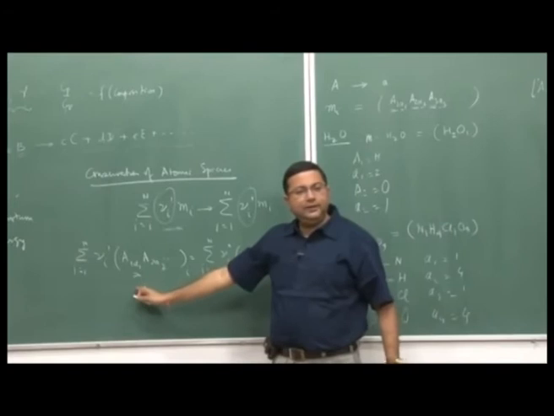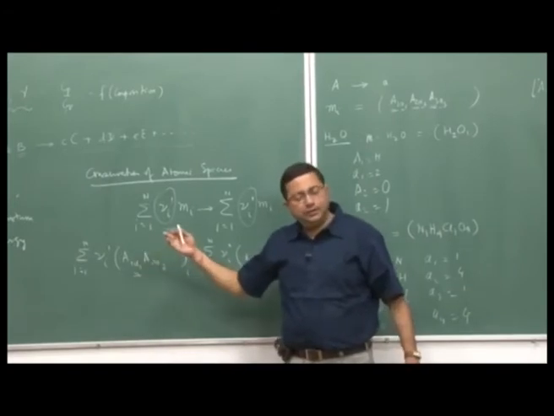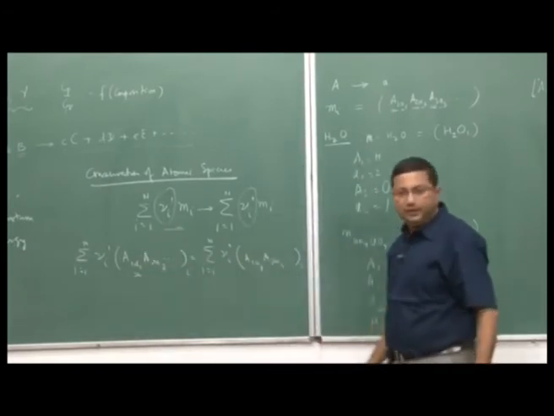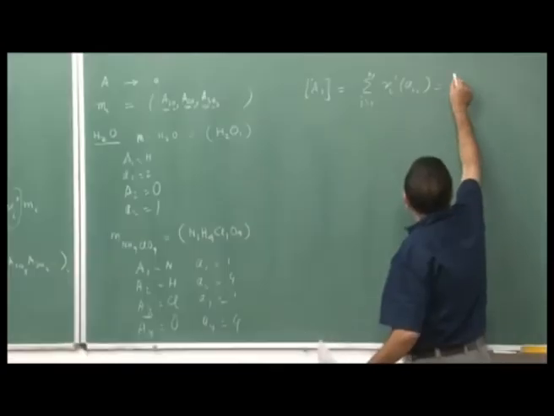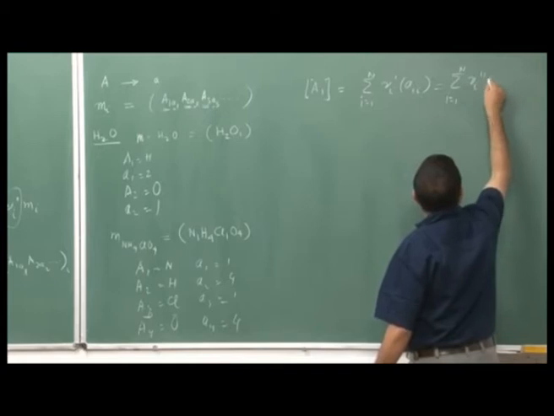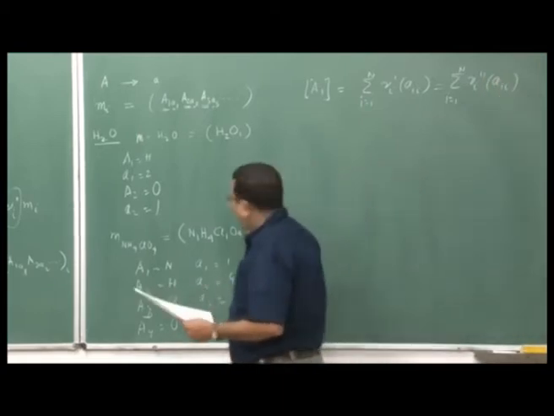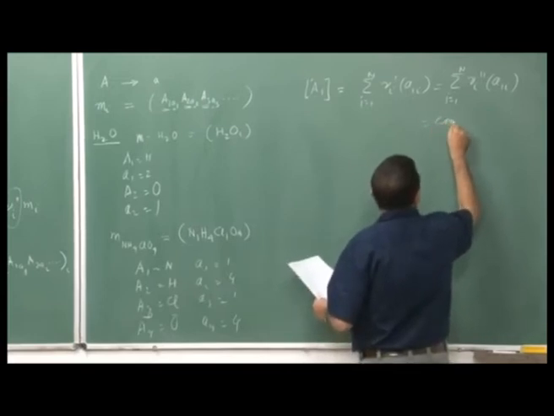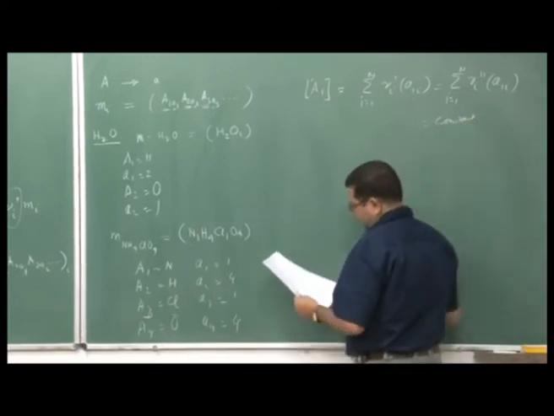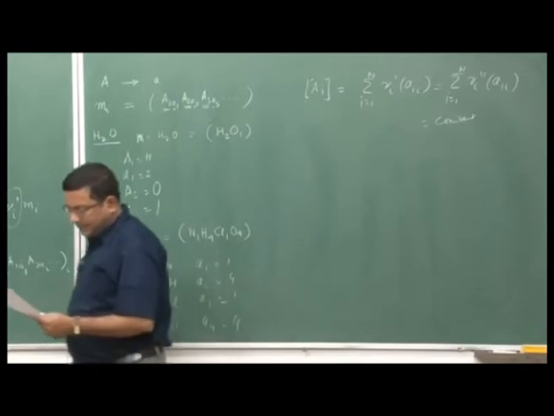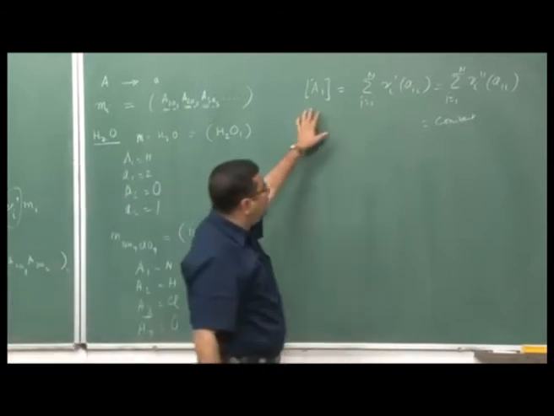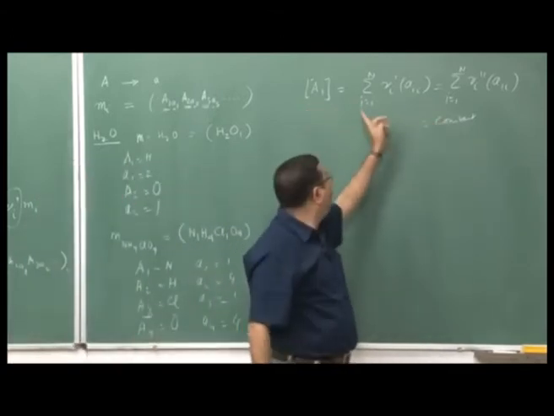Similarly, for n species there will be different molecules in which A1 is present. This is equal to sigma I equal to 1 to n mu I double prime A1 I, okay, and this is going to be a constant. So, this is the conservation of atomic species 1.